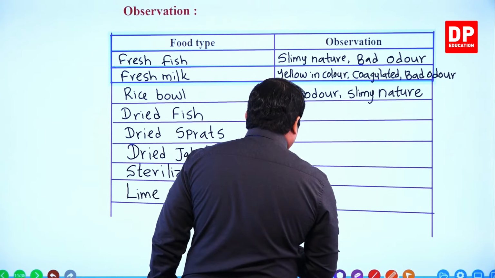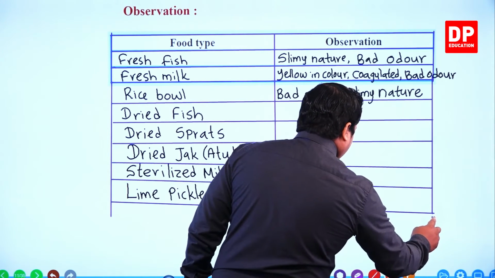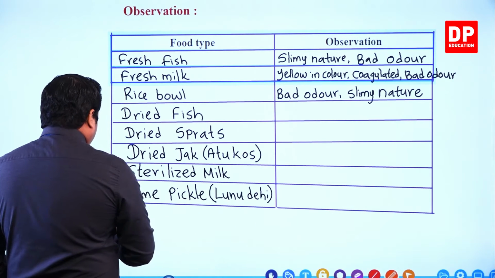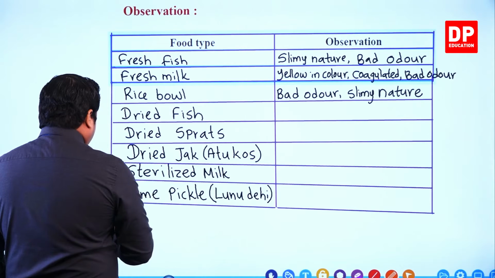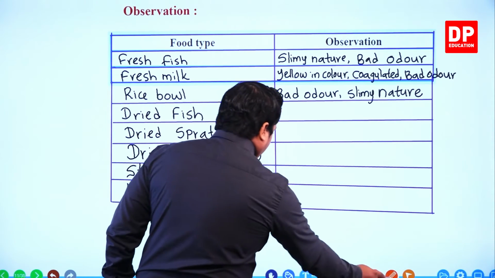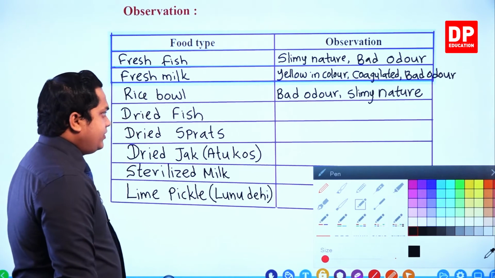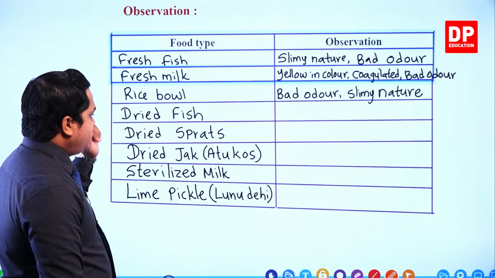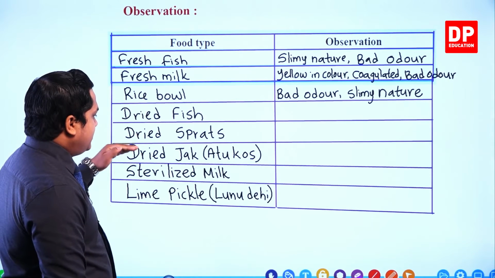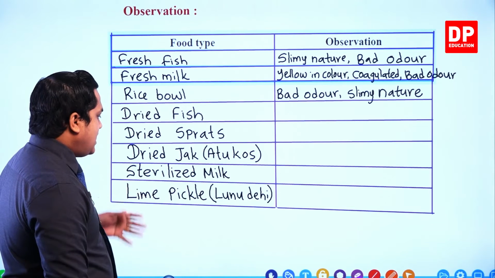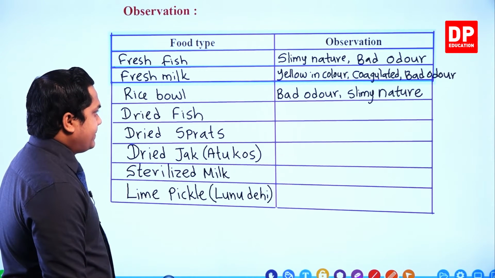So release the unnecessary parts here. So what will happen to these things? Dried fish, dried spreads, dried jack or atukos, sterilized milk, and lime pickle, lunudehi.